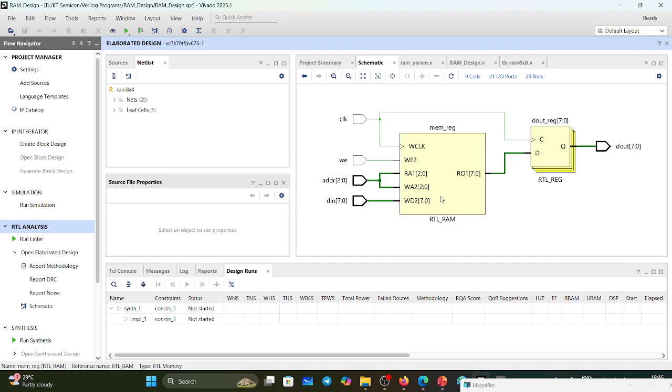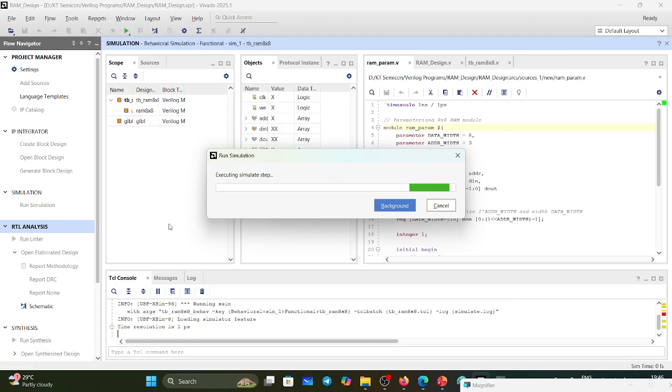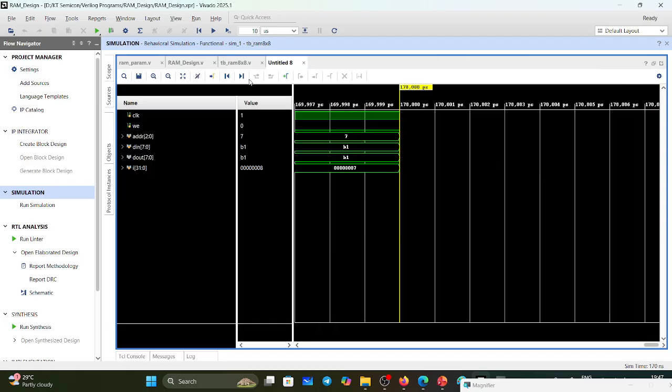So this is my RAM, and the RTL RAM is converted into the netlist like this. And run simulation, run behavioral simulation. So just see here, fit to page.